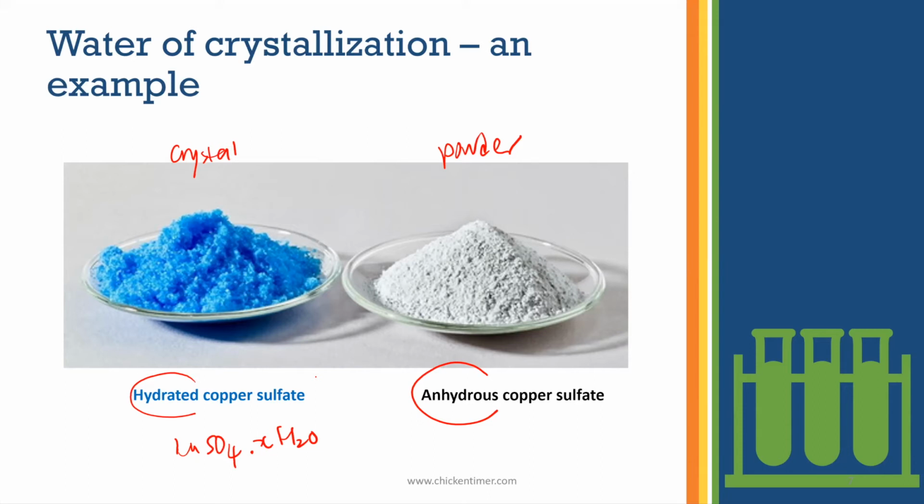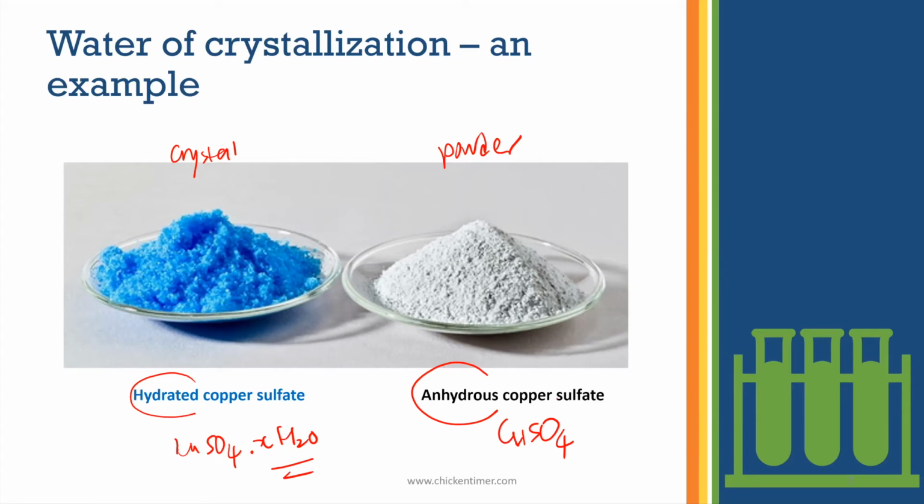Different crystals will have different amounts of water of crystallization. When copper sulfate loses its water of crystallization, it becomes a white powder, and its formula is just CuSO4.